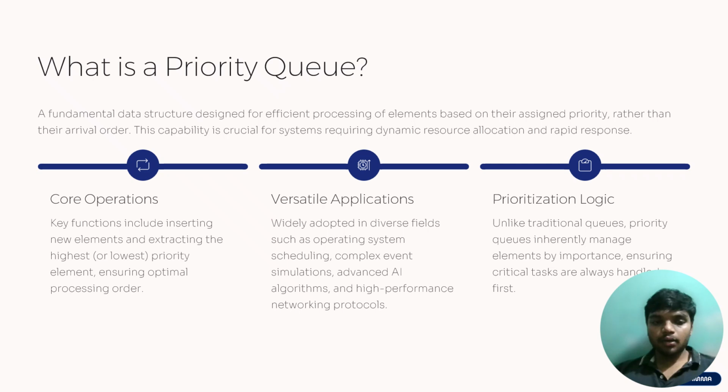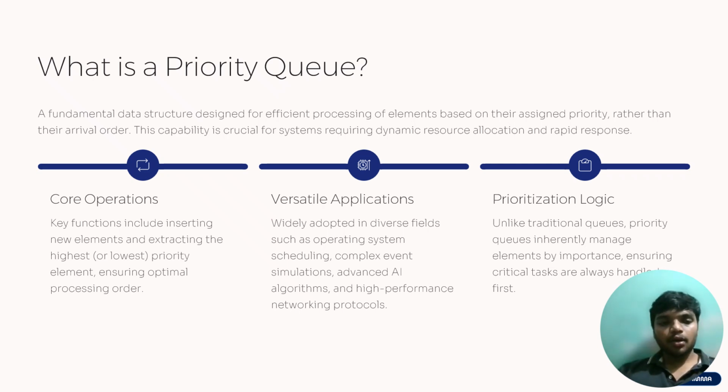What is a shared memory priority queue? A priority queue is a data structure where elements are dequeued based on priority, not insertion order.